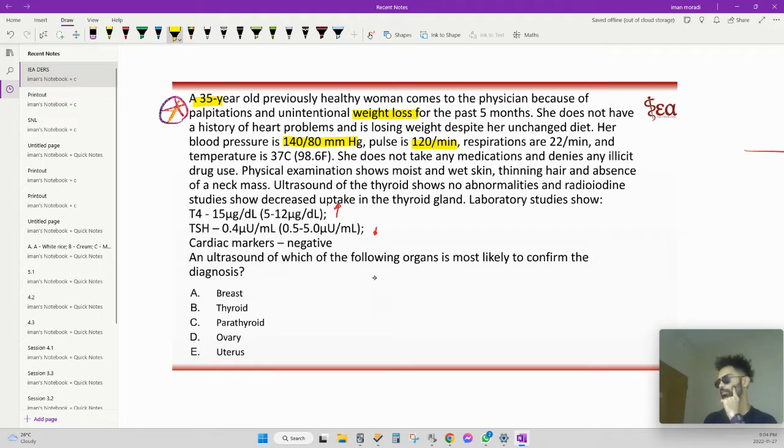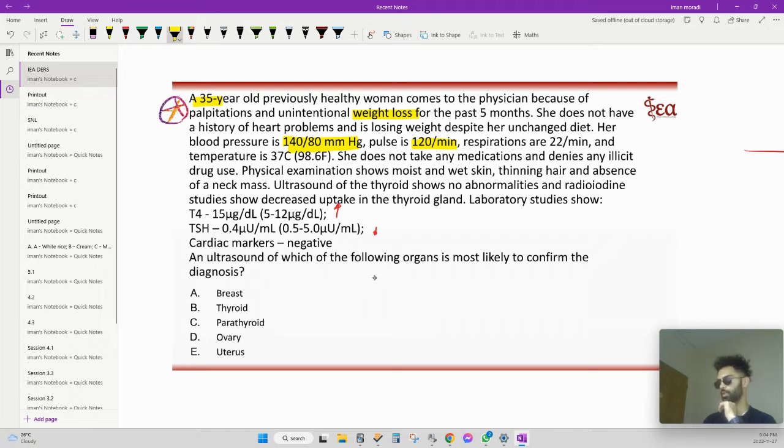35-year-old woman, palpitations and unintentional weight loss. So maybe it's a hyperthyroidism question. No heart problems. She's losing weight, but her diet isn't changed. Kind of high blood pressure, high pulse, temperature is okay.